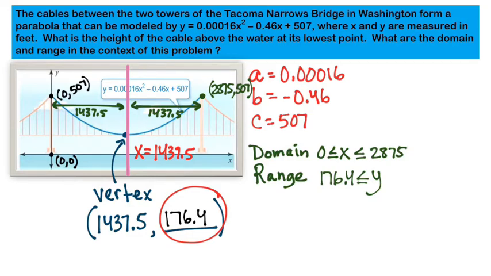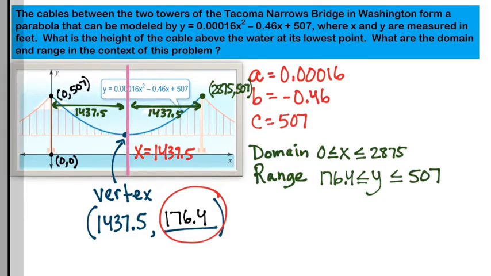And our parabola is not going to go up, up, up forever. Our parabola is only going to go up to 507 because that's the height of the tower on the bridge. So every y-coordinate of every point on the graph is going to be equal to or less than 507. And that is our domain and range in the context of this problem.